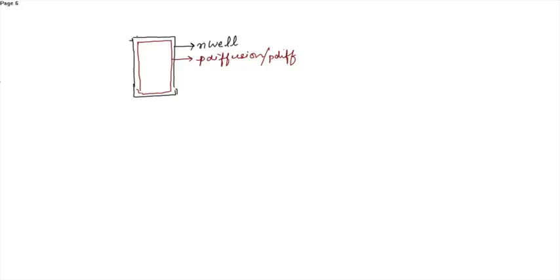Then there is the N diffusion layer, or the N diff layer.